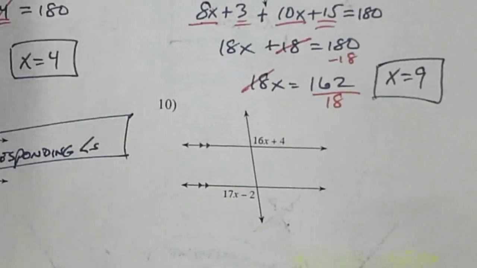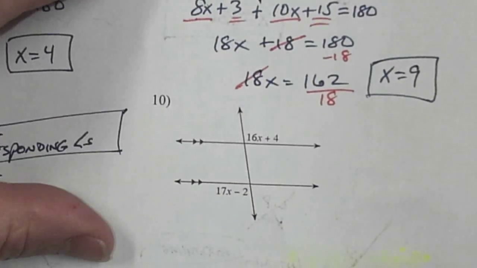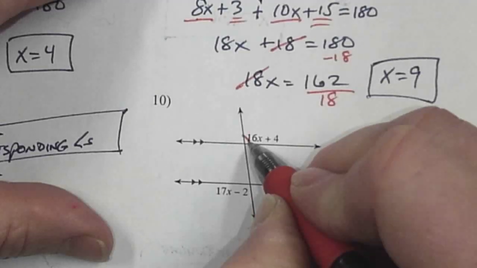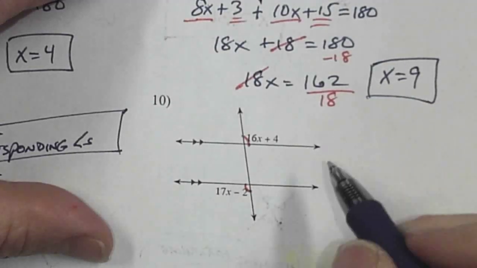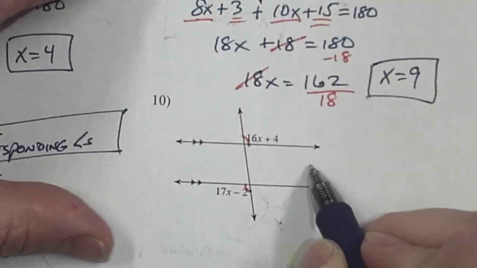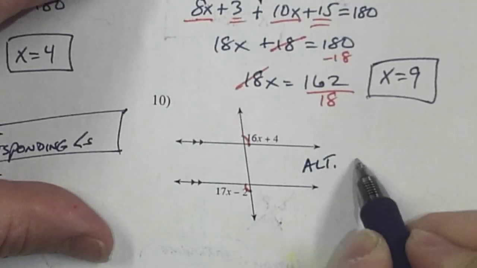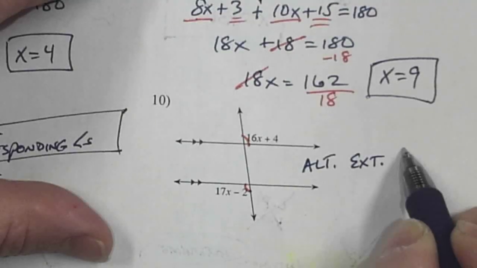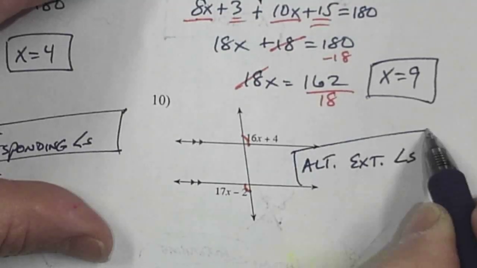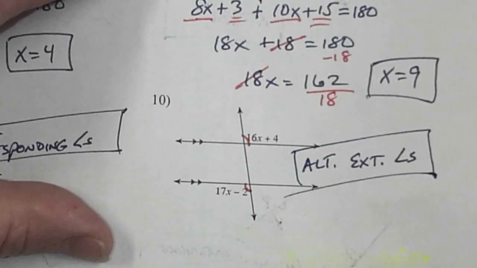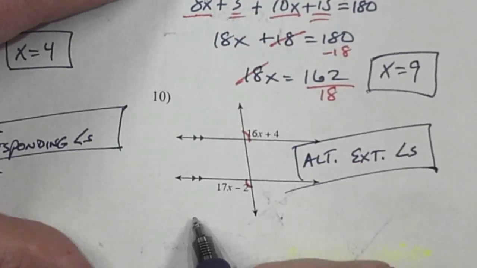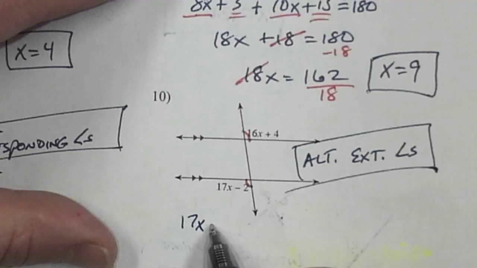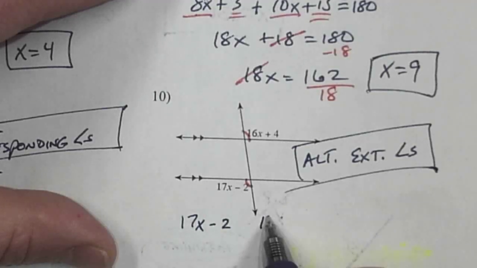Let's go here. What are these? They're both in the exterior, one up here and one up here. They both look obtuse. Exterior, both on opposite sides of the transversal. So these are alternate exterior angles. We're going to take this angle and this angle.